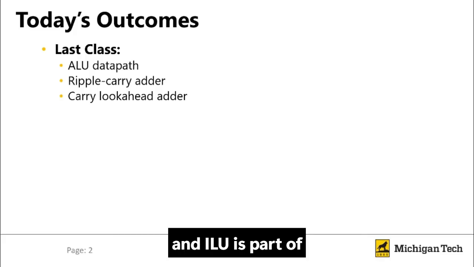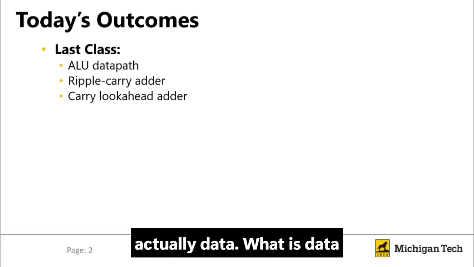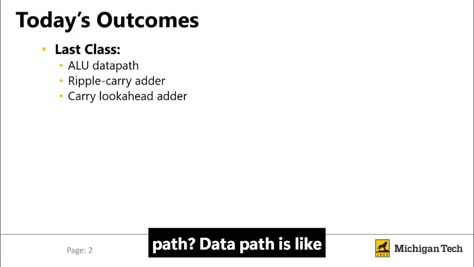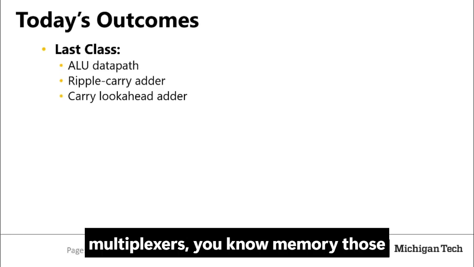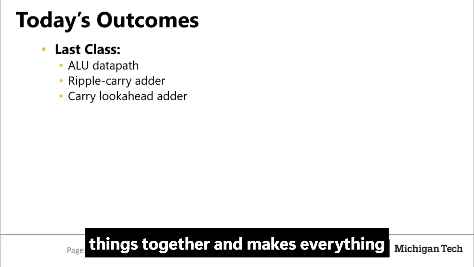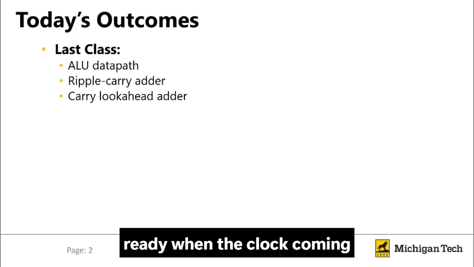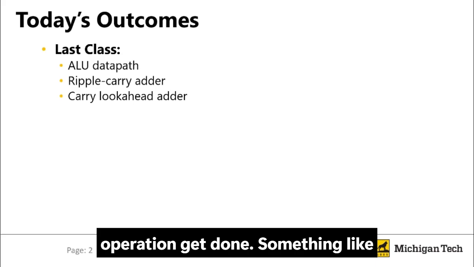And ALU is part of data paths. What is data path? Data path is like connection of registers, ALU, multiplexers, memory, those things together, and makes everything ready when the clock coming, operation get done. Something like that.